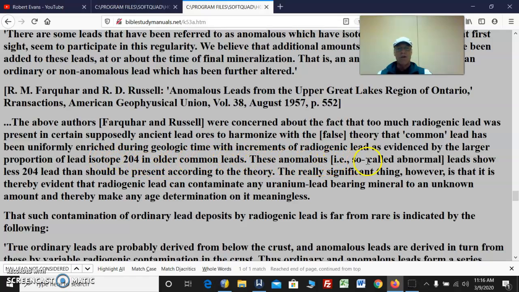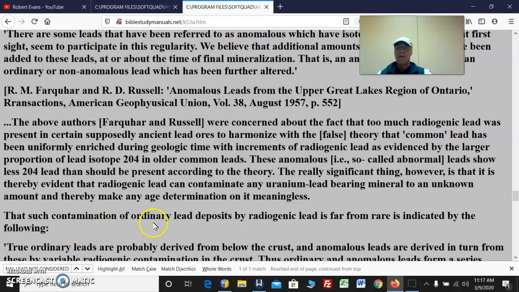These anomalous, so-called abnormal leads show less 204 lead than should be present according to the theory. The really significant thing, however, is that it is thereby evident that radiogenic lead can contaminate any uranium lead-bearing mineral to an unknown amount, and that thereby makes any age determination on it meaningless. Just have no idea, up or down.